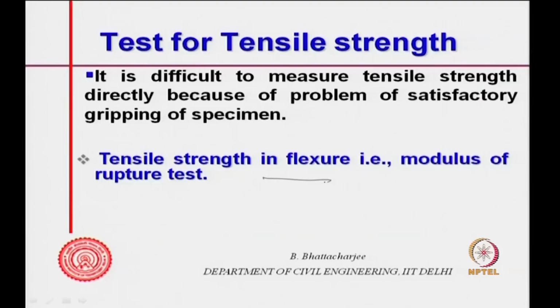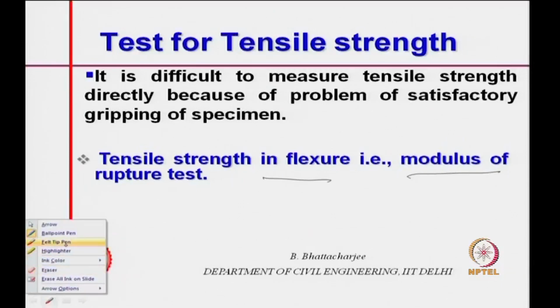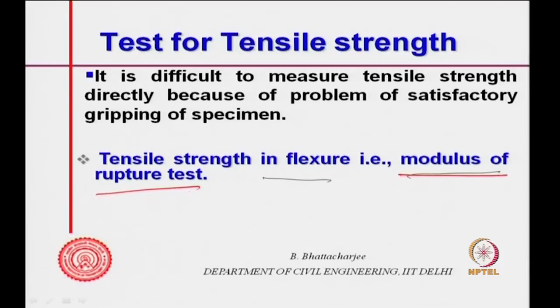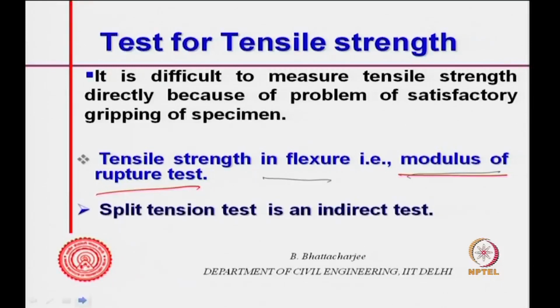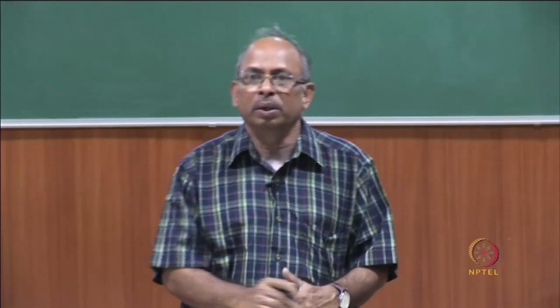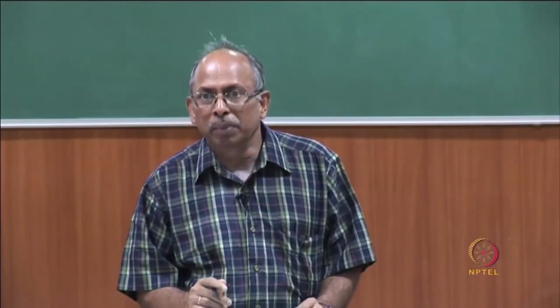This tensile strength in failure we test by what is called the modulus of rupture test. Then split tension test is done, but this itself is an indirect test. Indirectly we measure the tensile strength of concrete. This is called the split tension test, Brazilian split tension test, and so on.